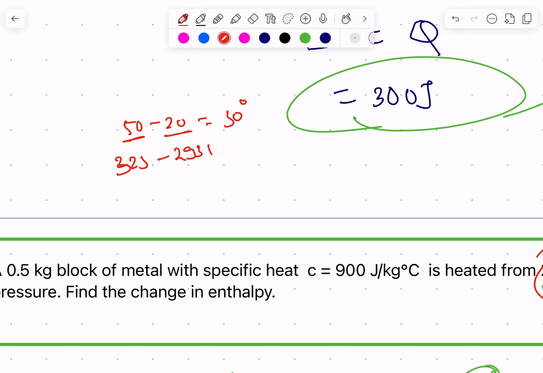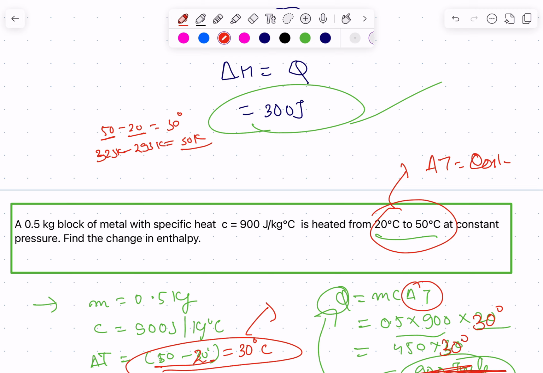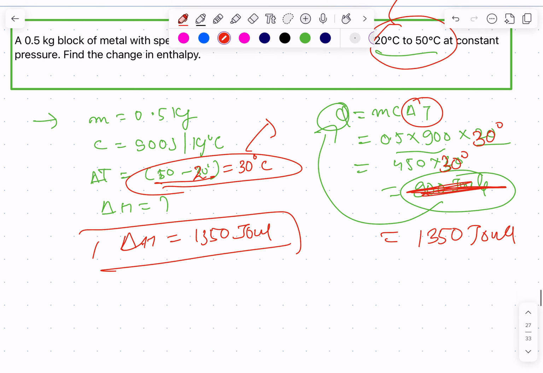So my question is, if the specific heat is in joule per kilogram degree Celsius, we will have to convert that in Kelvin too. Yeah, for sure. You have to make sure that the units are standard. But for temperature, the difference is the same regardless, so your answer will not change. Perfect. Thank you.